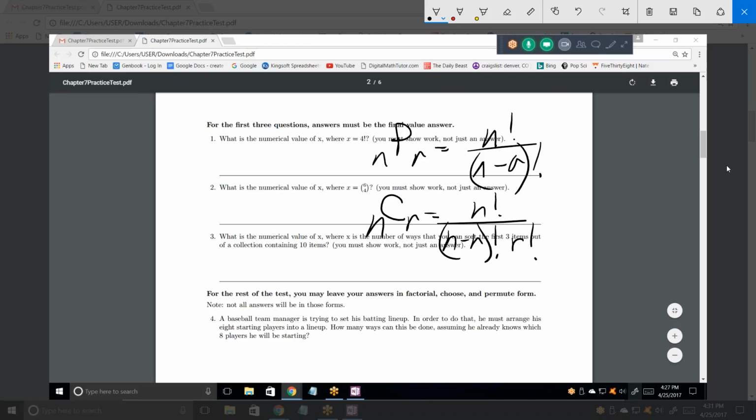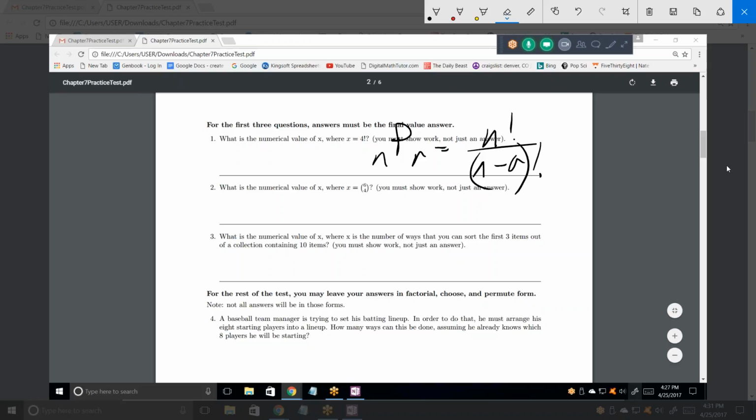And number 3, the reason you use choose instead of pick is because the order doesn't matter. They're saying that, here, how many ways can you sort the first 3 items out of a collection of 10 items? I think that's a choose situation, because you don't care what order the 3 items are in.